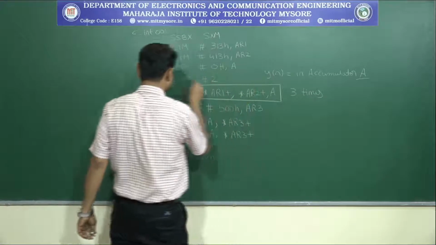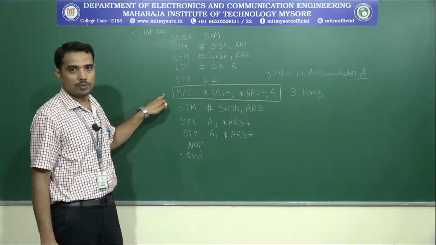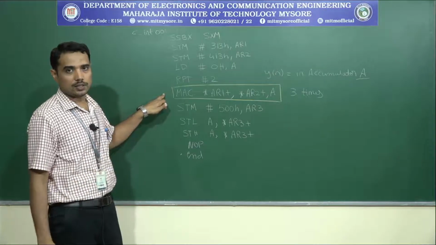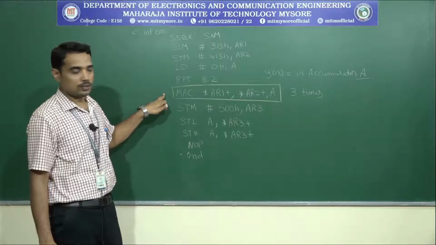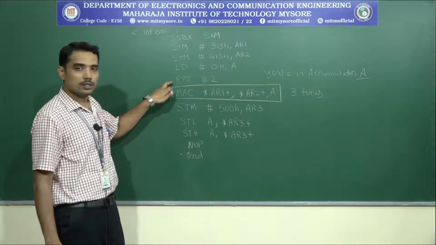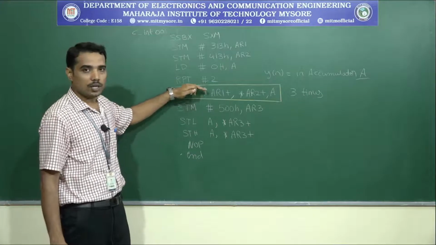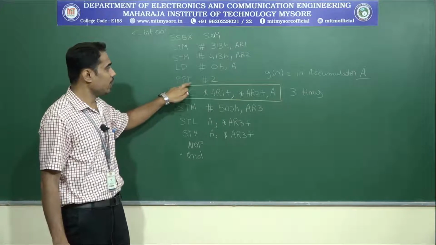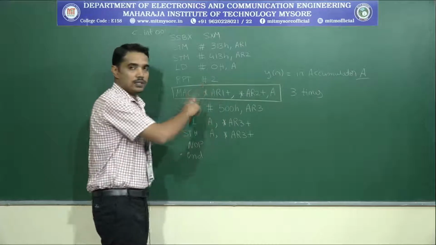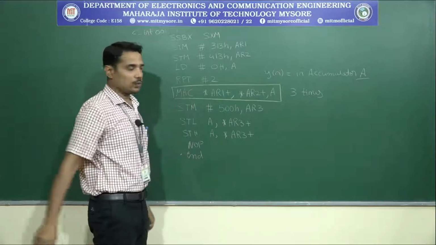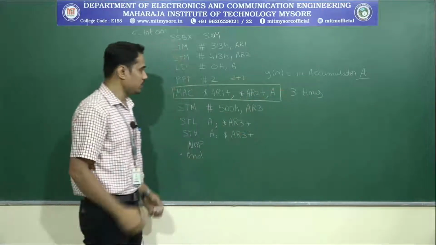In order to execute this instruction 3 times continuously, because we have to compute 3 products, that is H0 x of n, H1 x of n minus 1, H2 into x of n minus 2, we need to load the repeat value prior to this instruction by using RPT #2. The count is 2, but the following instruction will be executed 2 plus 1 times, that is 3 times.